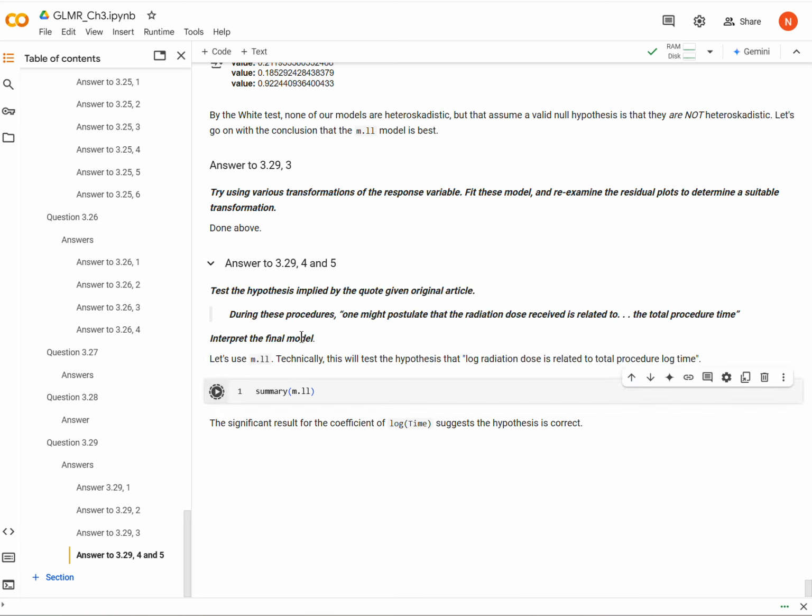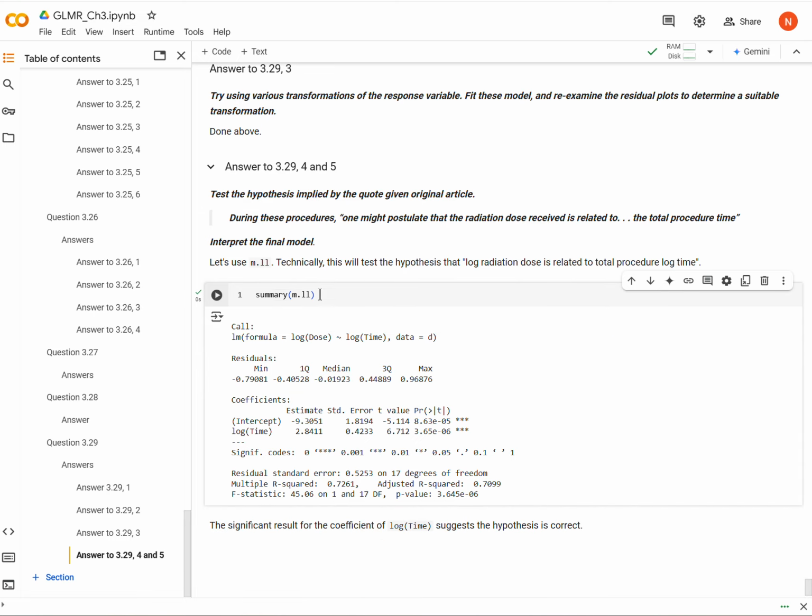But anyway, we're going to test this by just running the summary on our model, and we go to the coefficient for log time, okay, and we see probably pretty compelling evidence that log dose is increasing by about 2.8 log dose units for every 1 log unit of time, or log time unit. Okay. So anyway, we will call that good.